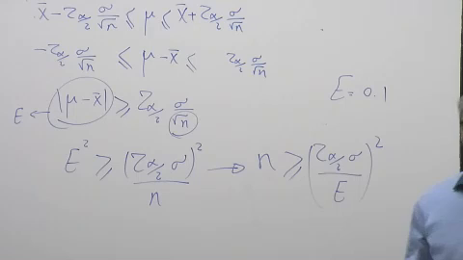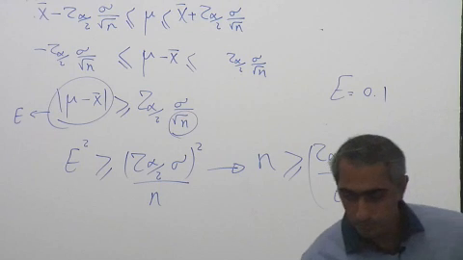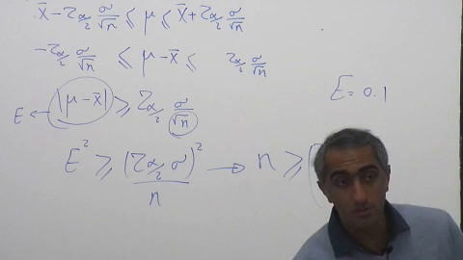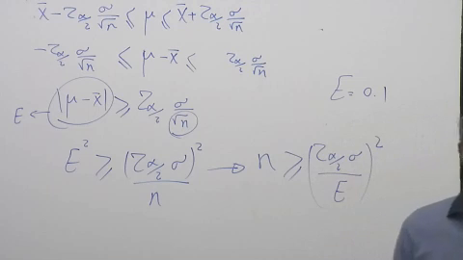Okay? So that's what you have on the slides. Basically, I'm using the point estimation error in order to find the required sample size. Is it clear? Any questions?